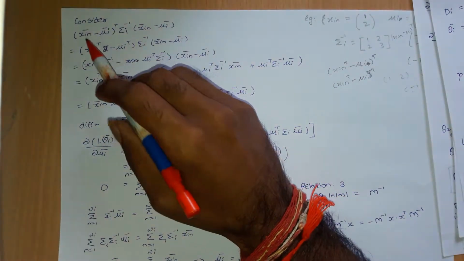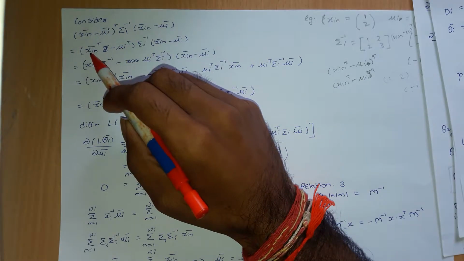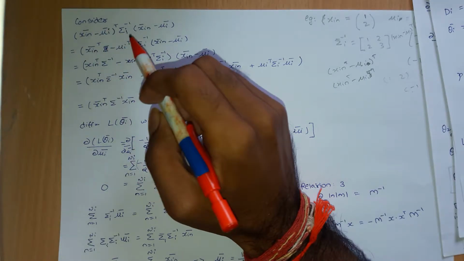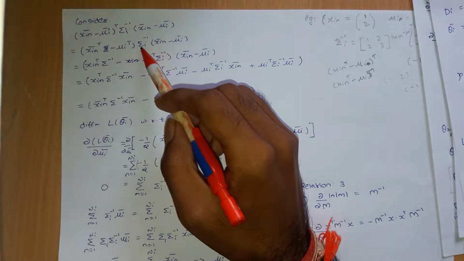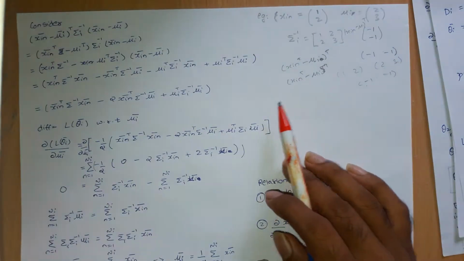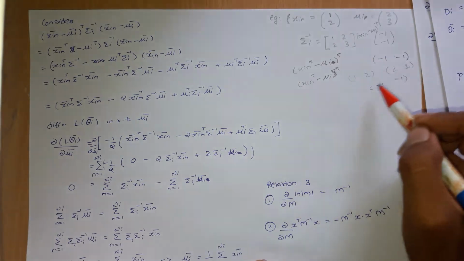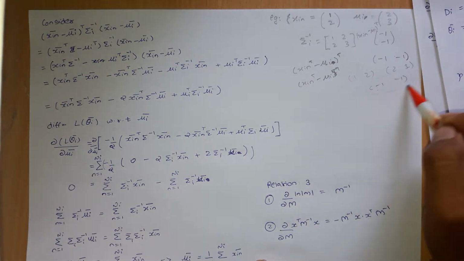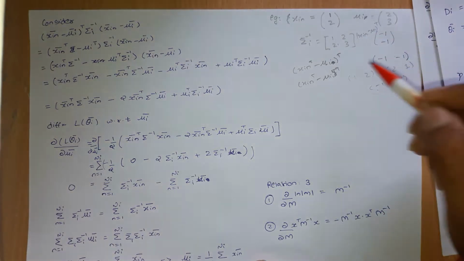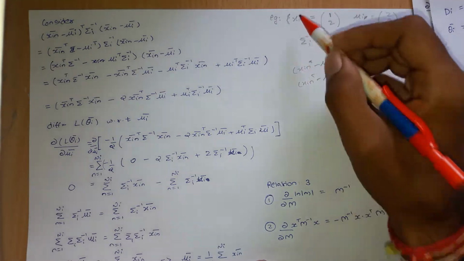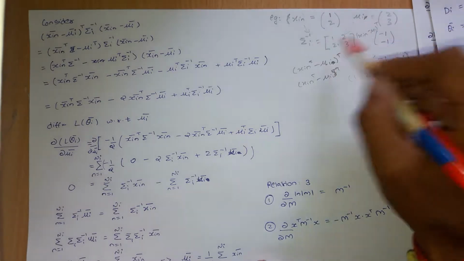So hence this thing can be written as individual transposes. That is the first thing that I have done. x_n transpose minus mu_i, and the whole transpose is written like this. You can take individual transposes. Next, what you have to do is multiply this thing with sigma_i inverse. If you take this as an exercise, when you multiply (x_n minus mu_i) transpose into this, it equals multiplying x_n into this, then multiplying mu_i into this, and taking their minus.